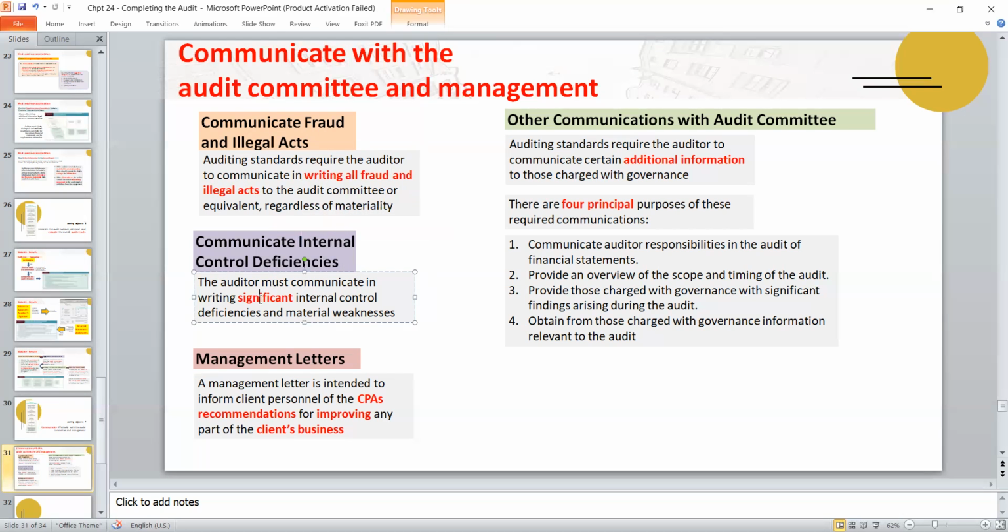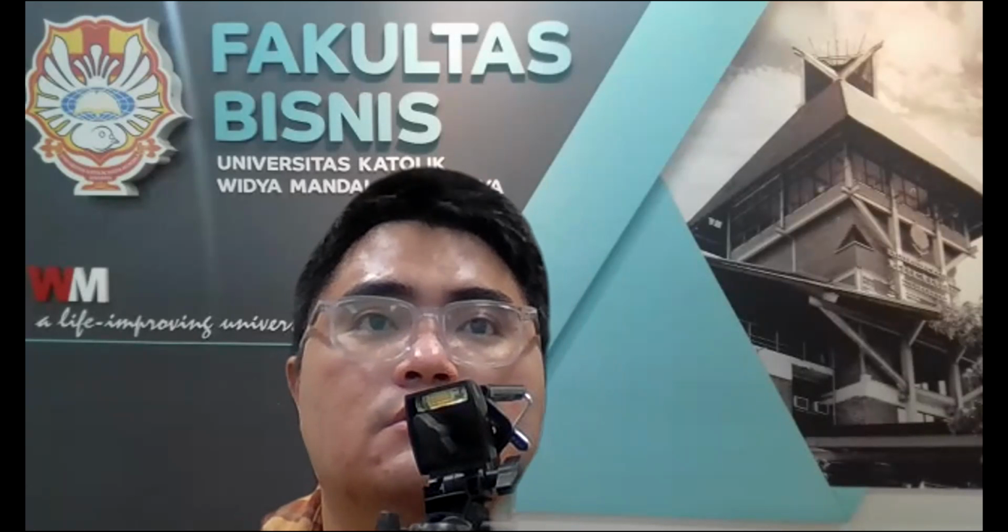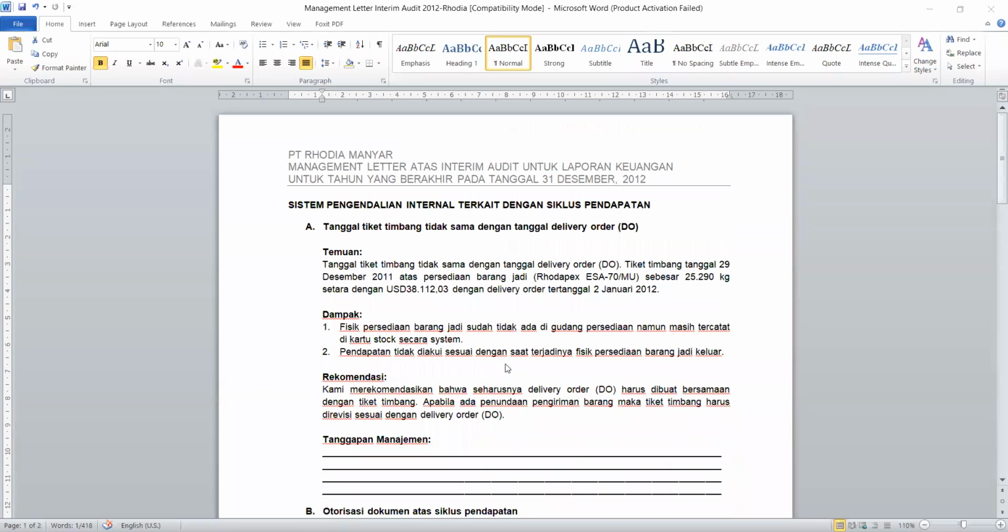In writing, the auditor must communicate the significant internal control deficiency and the material weakness, like I shared with you before, from the management letter, like this. For this example, tanggal tiket timbang tidak sama dengan tanggal delivery order. Yes, this is the finding.